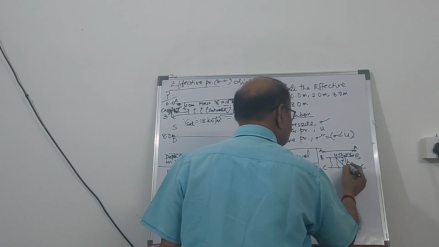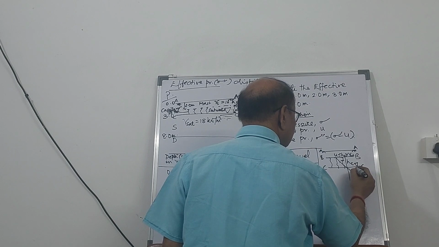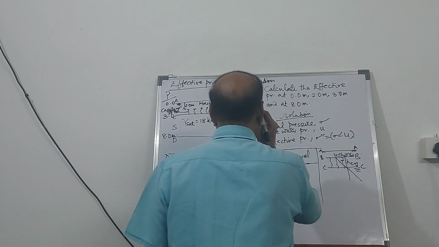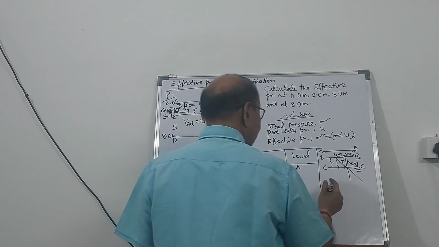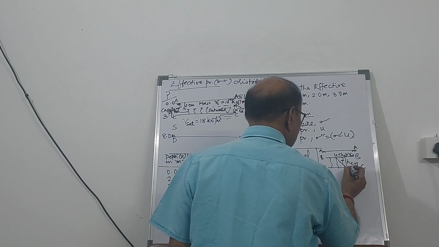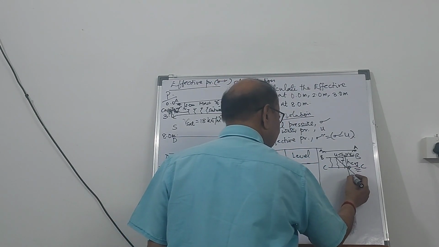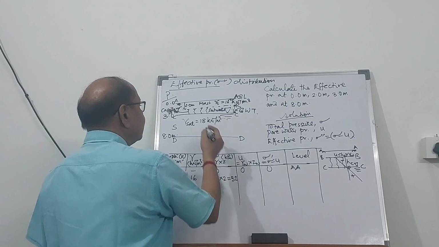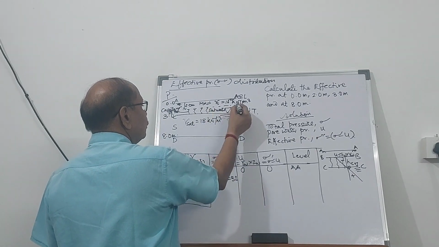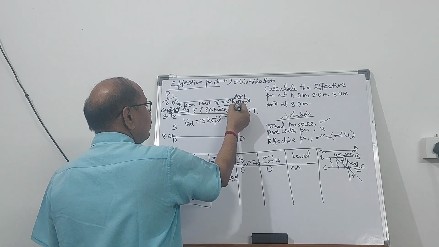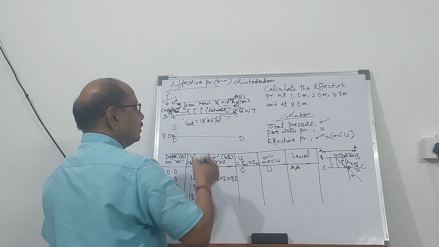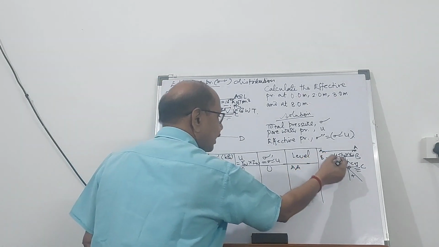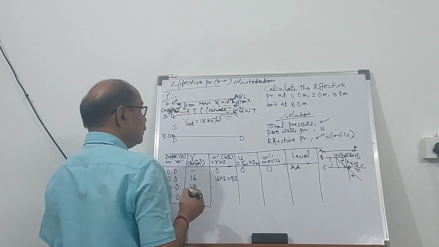And the moment you come to the groundwater table, the pressure becomes 0, and then the pressure becomes positive. So negative pressure in this zone, BB to CC. So between this and this, there is the negative pressure distribution.